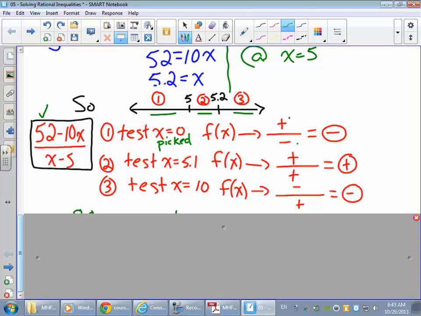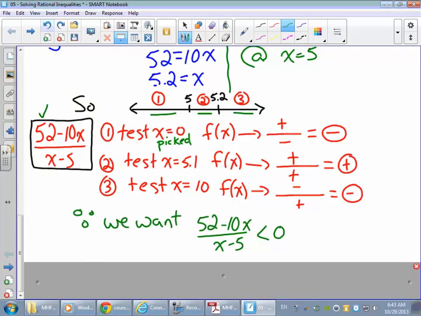Positive over negative, so overall my whole expression will be negative. Test 5.1, same idea. I end up with a positive over positive. Test x equals 10. Again, I just picked these numbers because they were nice to work with. 5.1 happens to be between 5 and 5.2. The 0 and the 10 are just easy numbers to work with.